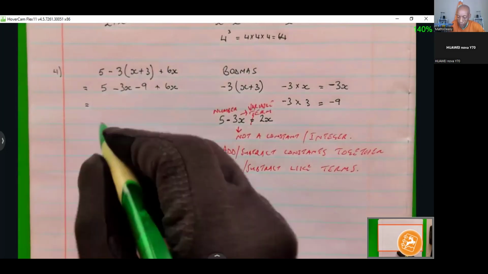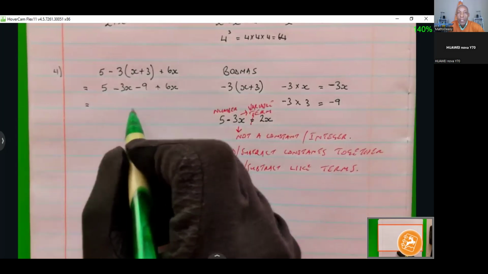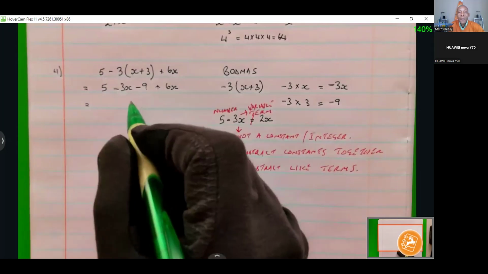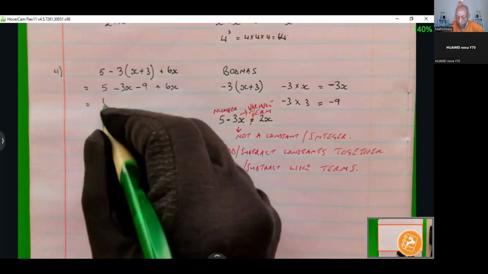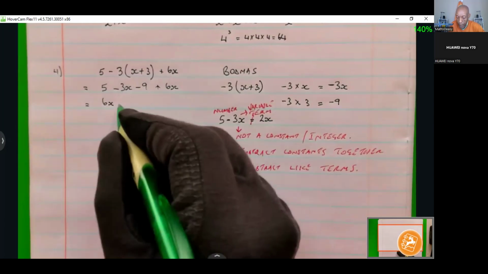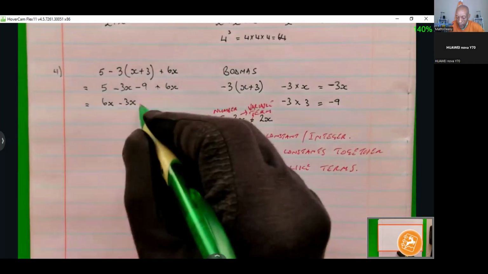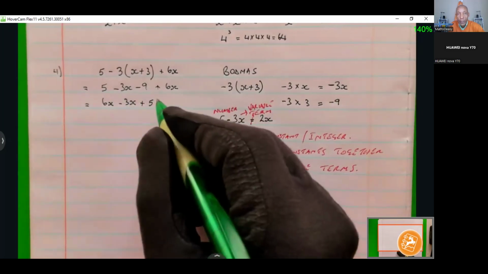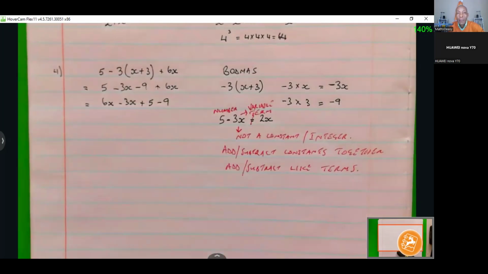So the first thing that we need to do is put the numbers together and the variables together. So I will start with the positive variables and put them on one side. If there was another one, I would put it there. Then I will follow with the negative ones. Then I will start with the positive numbers. If there was another one, I would put it next to it. Then follow with the negative numbers.